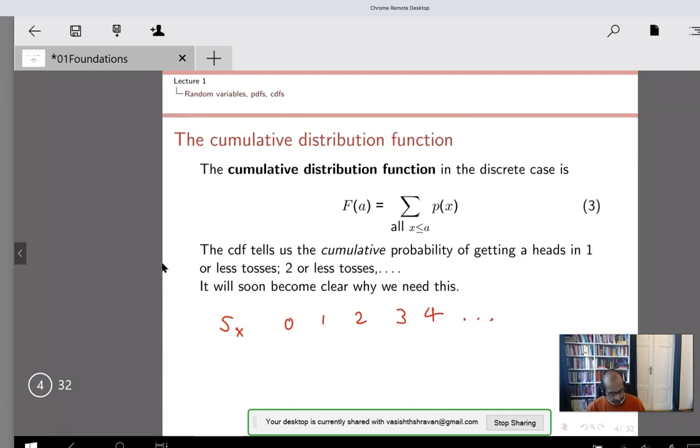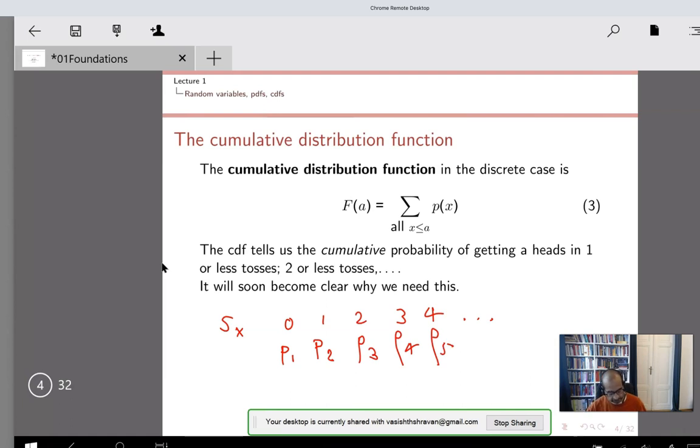And each of these possible values has some probability associated with it. Call it the probability of observing 0 heads is, let's say, p1. The probability of observing 1 heads, having to toss the coin once to get a heads, is p2. Similarly, it's p3 for 2 and p4 for 3 and p5, let's say, for 4.